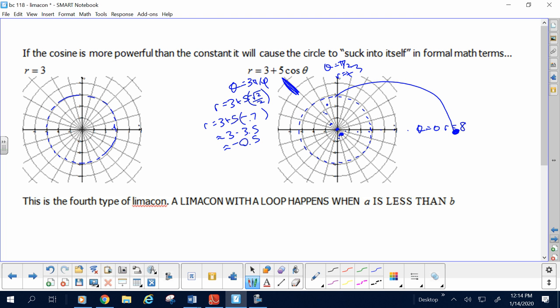And then you started backing up. So you went forward less and less through the origin. Now we're backing up. And when we get to pi, when theta is pi, r is negative 2. At that point, I'm backing up all the way to negative 2.